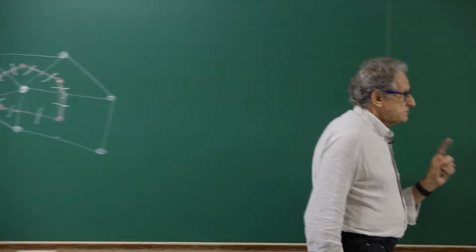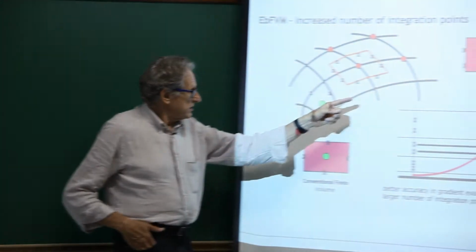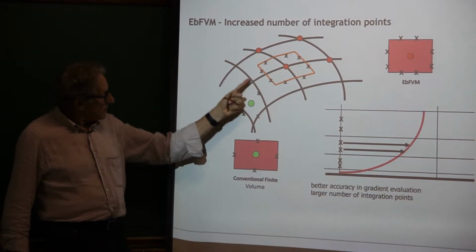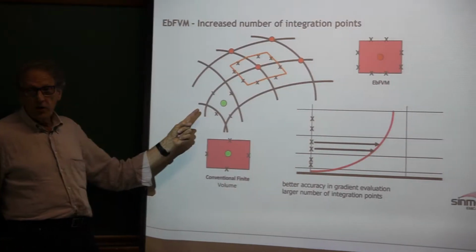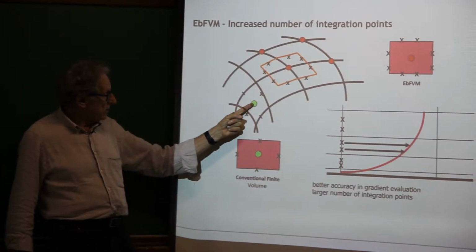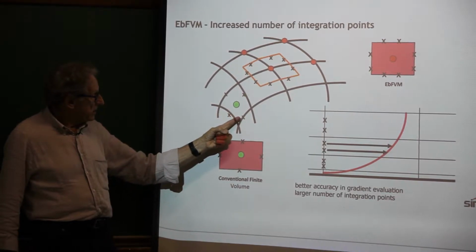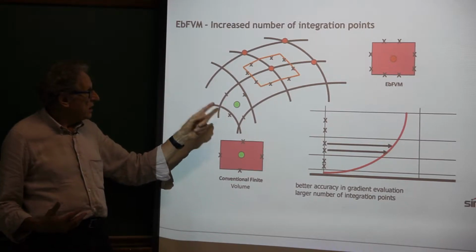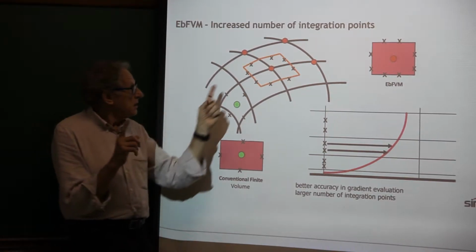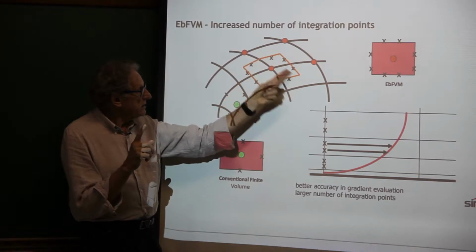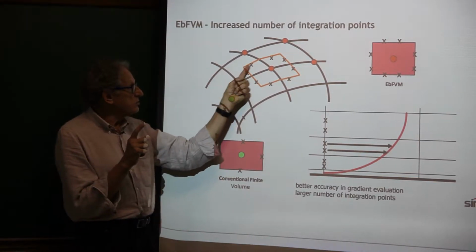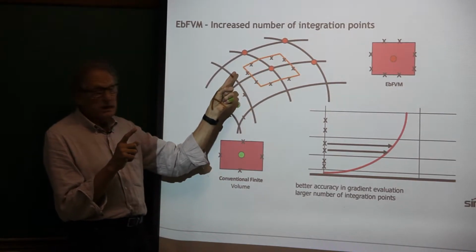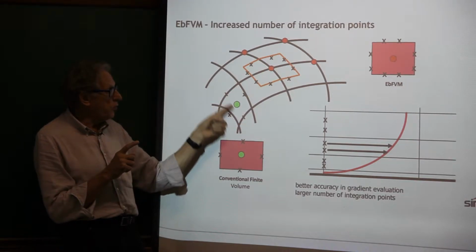Let's compare. What is drawn here is a curvilinear grid. In the conventional finite volume, you have the unknown here and 4 integration points, where balances are calculated. If it's element-based, you use those elements to construct your control volume, and you have 8 integration points compared to 4.